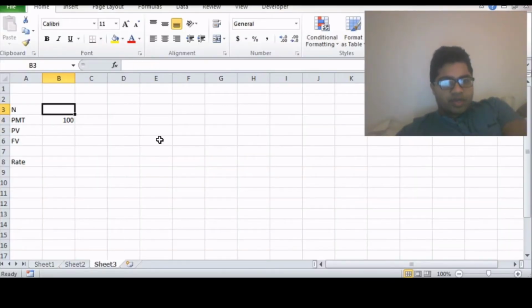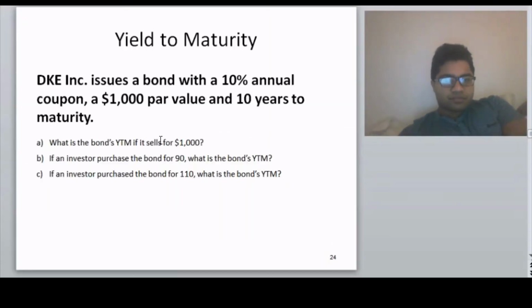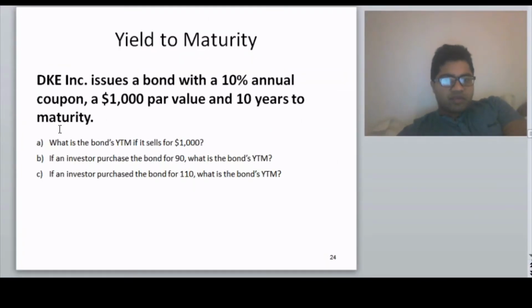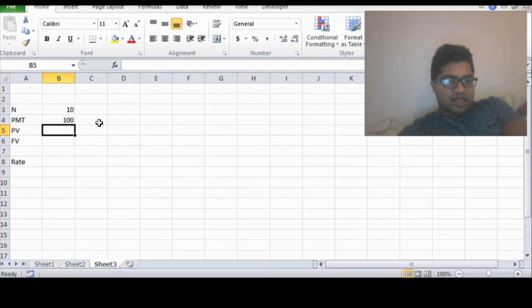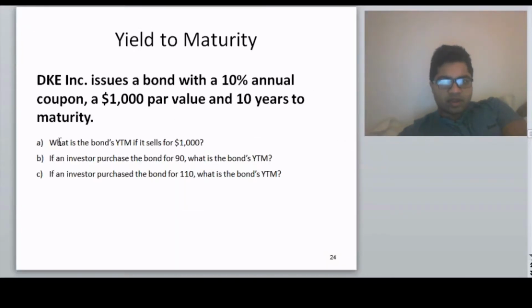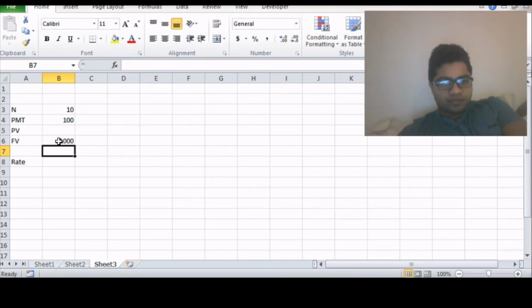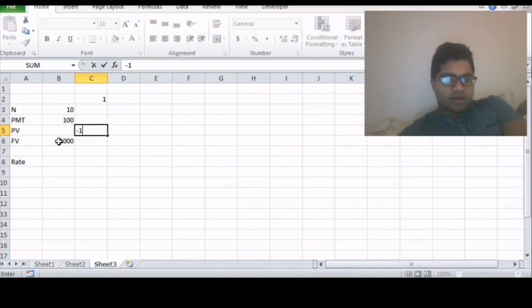N is given to be 10 years to maturity. PV is different in each case, and the future value of the bond is 1,000. It's a par bond, 1,000. So signs are important. In the first case, PV is given to be 1,000. So you are buying this bond at par, that is at 1,000.